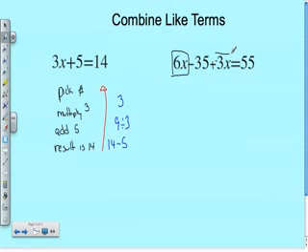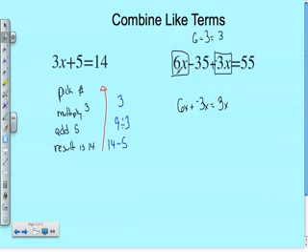Combining like terms is what we have when we have the same variable in one equation. So, for example, we have our 6x and our, let's add a line and change the sign, we have our negative 3x. Combining like terms is something that we have learned in kindergarten, first, second grade.